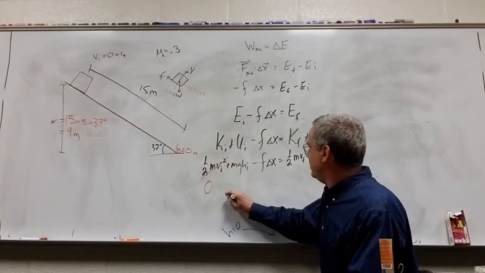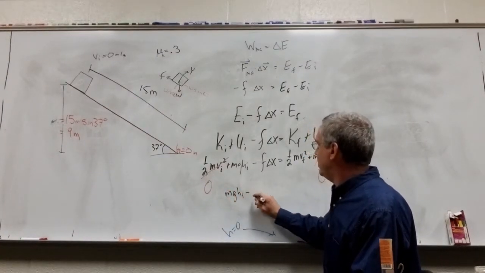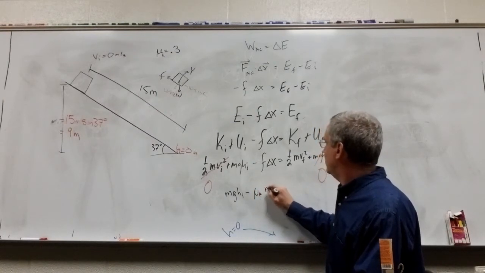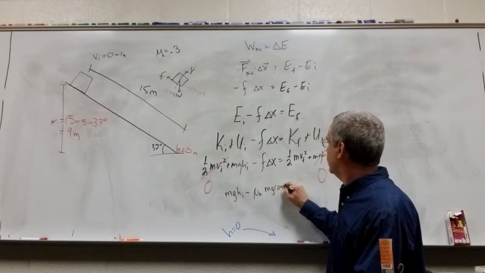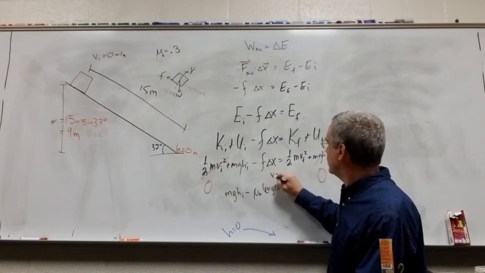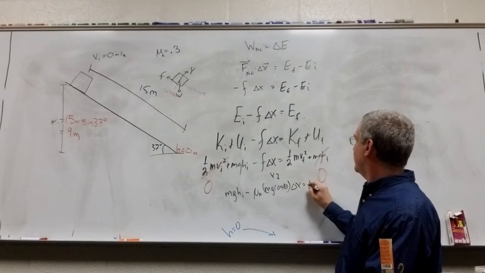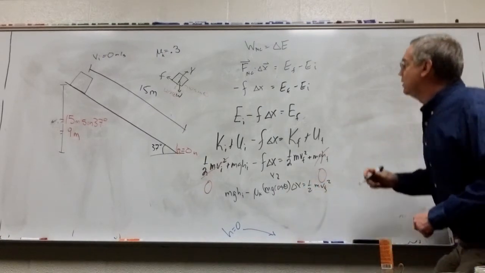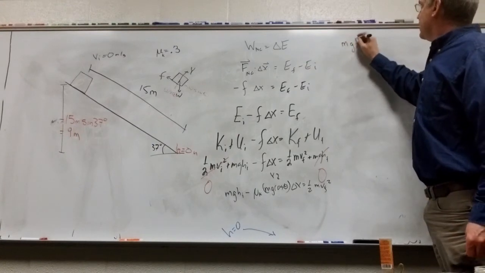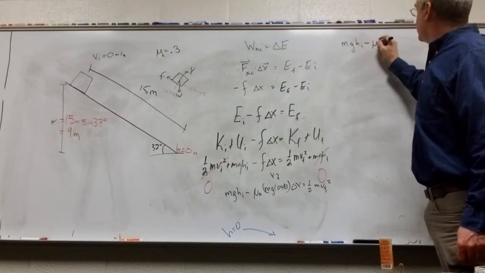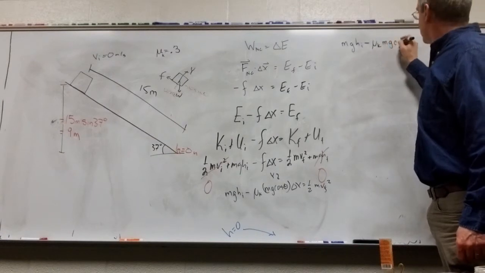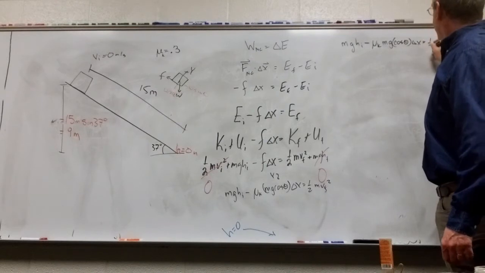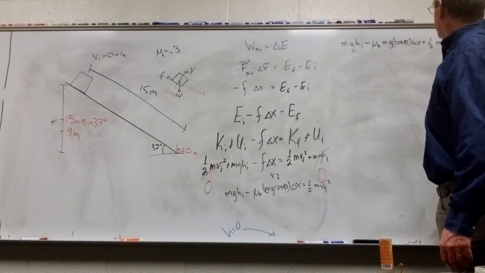So I'm left with m g h initial minus mu sub k times the normal force, which is m g cosine theta, times delta x equals 1/2 m v final squared. Let me write that up there: m g h initial minus mu k m g cosine theta times delta x equals 1/2 m v final squared.